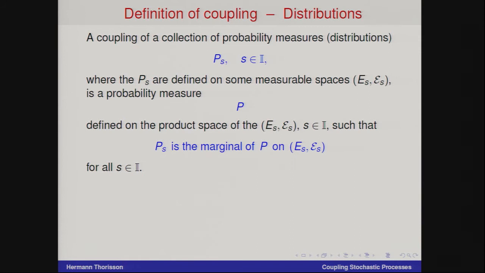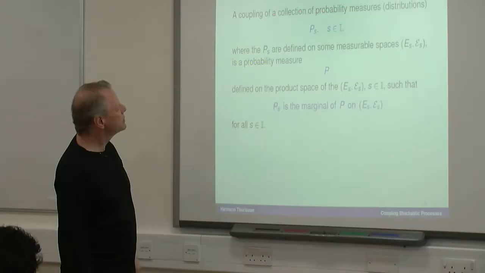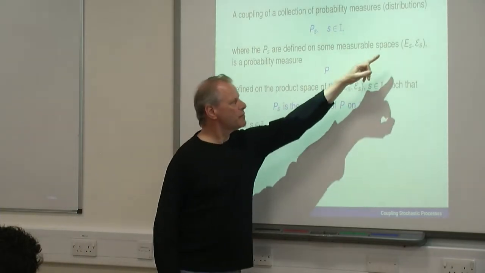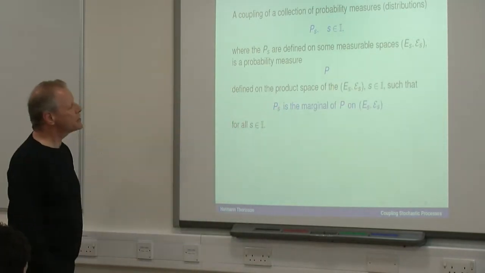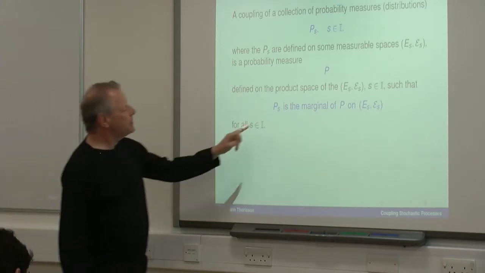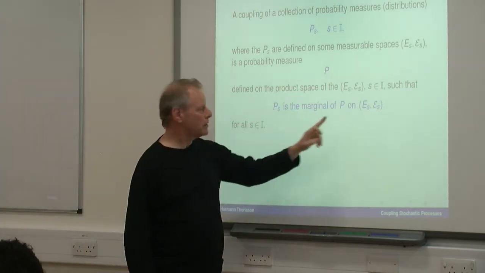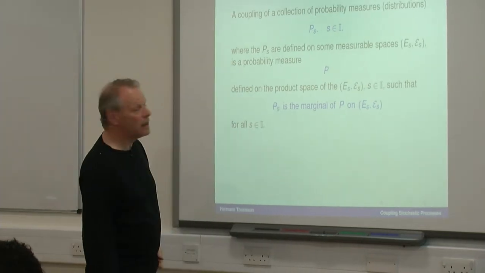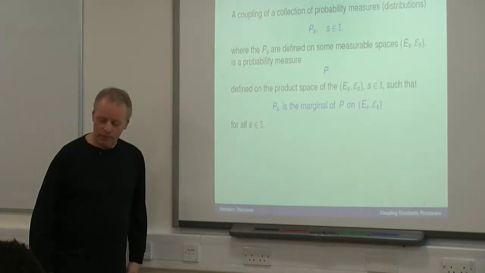If we have some collection of probability measures indexed by some set I, defined on some measurable spaces, different spaces possibly, a coupling of this collection is a single probability measure P defined on the product space of these spaces, and such that Ps is the marginal of P on this space for all s.